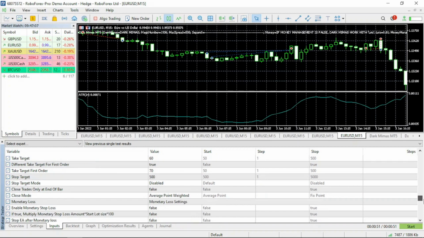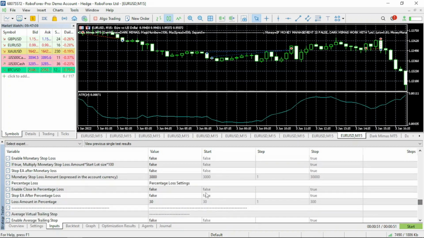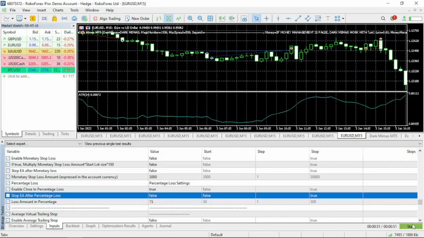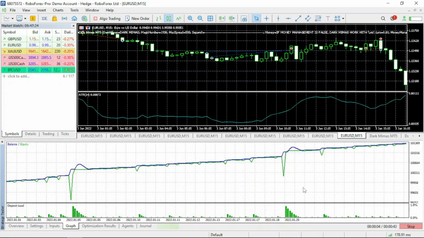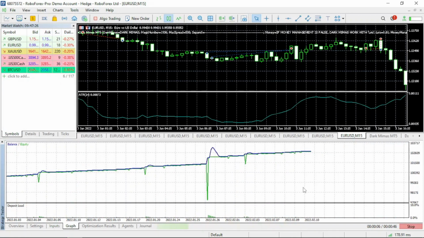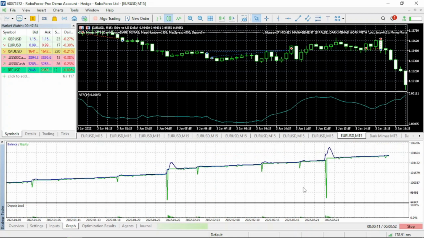Very important when trading is always to have a safety net in case something goes wrong. In this case, I'm going to use a percentage loss of 15. The idea behind it is that our safety net will protect us in case something of an extreme happens in the market.